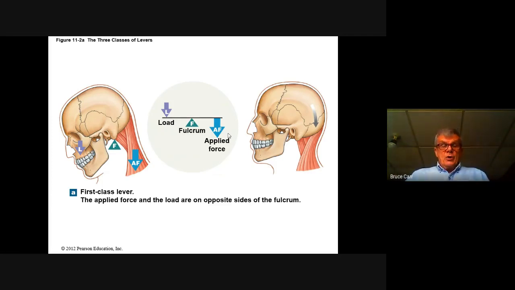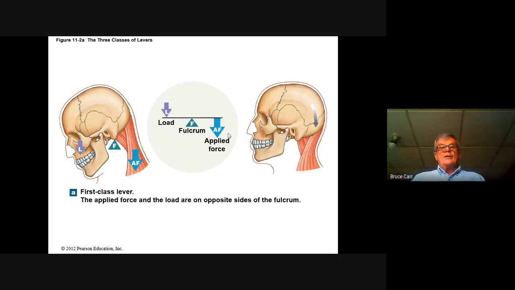This drawing shows you an example of something that's really automatic to us. We have a head that is mounted. The fulcrum would be the top of the cervical vertebra, that axis, and the occipital bone of the skull that rests upon it. Now, that's well behind the center of gravity. There's a lot of weight out here in front of the fulcrum.